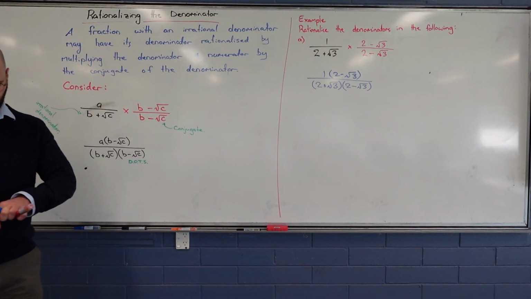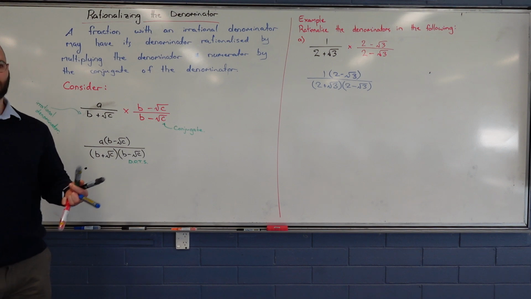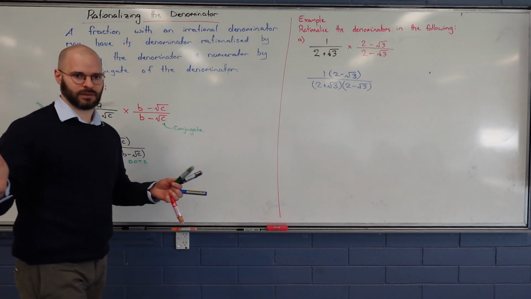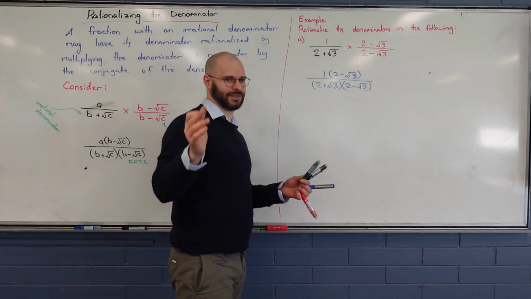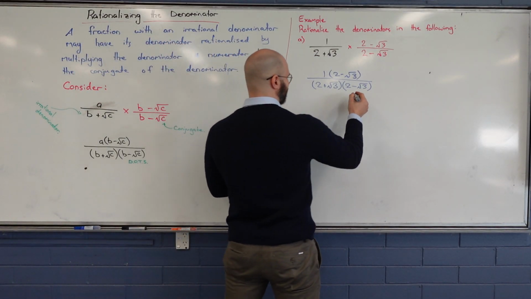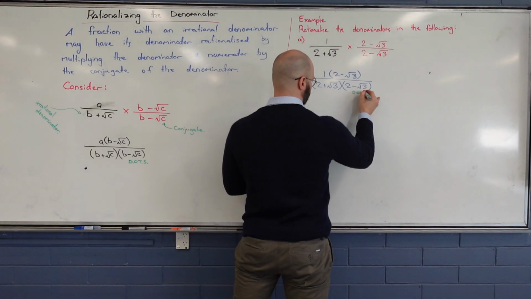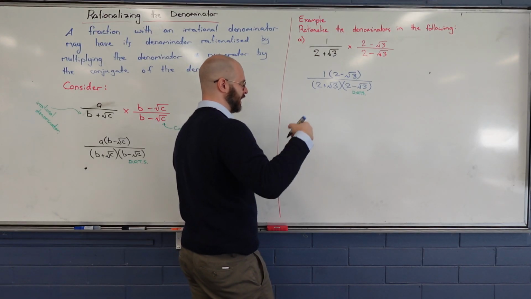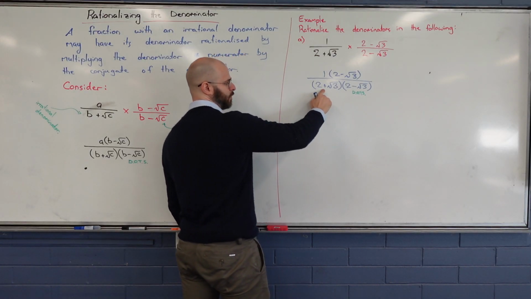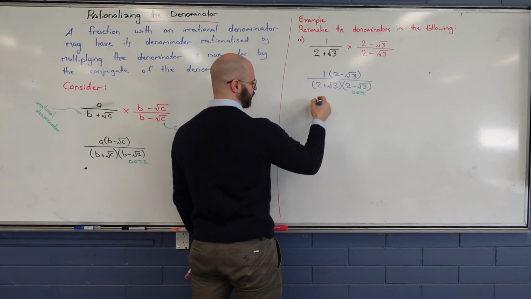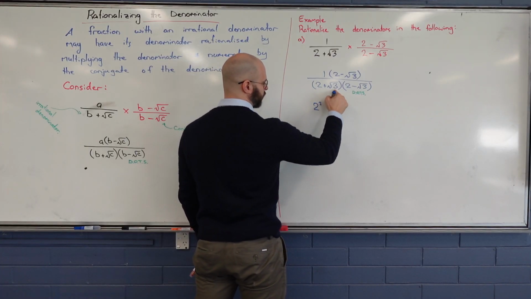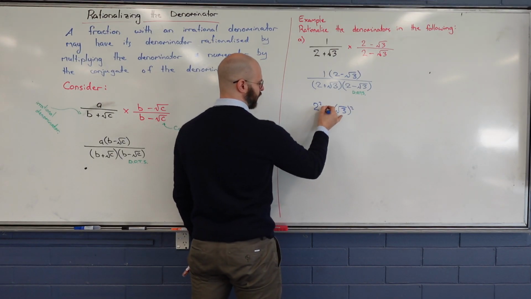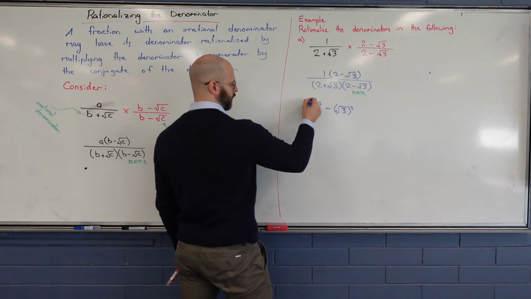Now, do we have a fast expansion method we could employ to expand out the denominator? It starts with D. Zoe, do you remember? Difference of two squares, dots. Put that piece of vocabulary in your vocabulary. Okay, expanding this out using dots, we square this, we square this, and we take the difference.